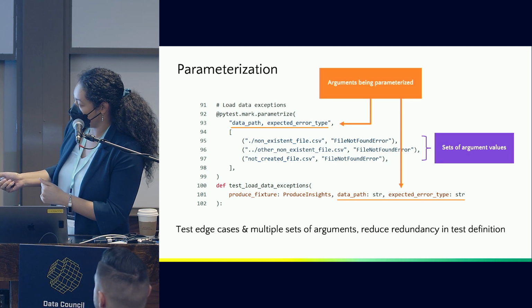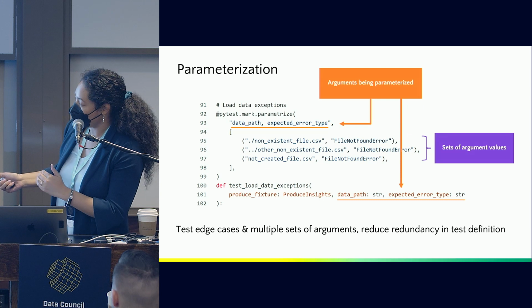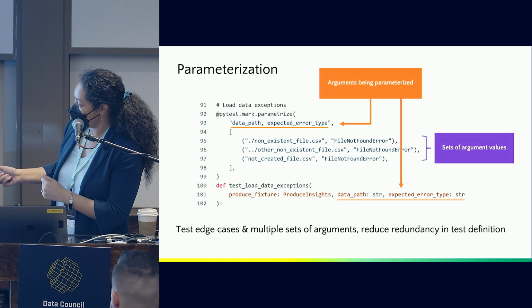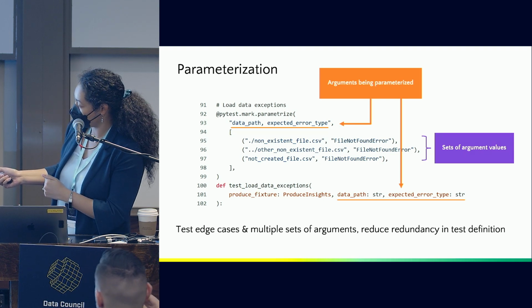At first, we have the produce fixture, as we saw in the previous few slides, being identified first. And then after that, we see the different arguments from parameterization being passed in. So here we can see that data path here corresponds to data path within this test argument. And expected error type here corresponds with expected error type here within the arguments for the test.